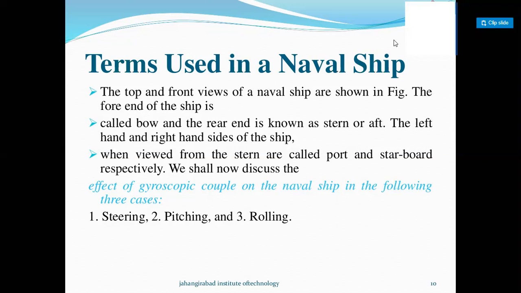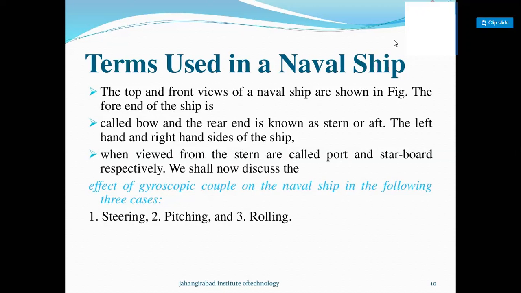Steering is the turning of the ship in a curve while moving forward. Pitching is the movement of the ship up and down from the horizontal position in a vertical plane about the transverse axis, and rolling is the sideways motion of the ship about the longitudinal axis.